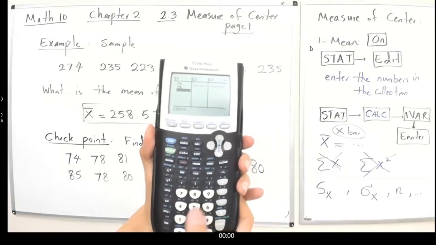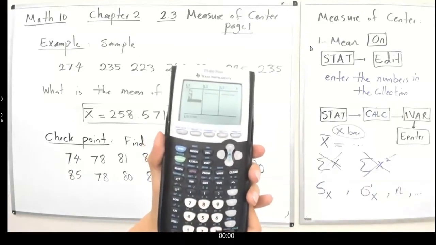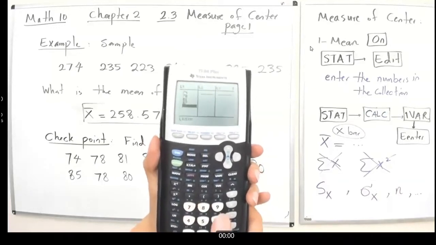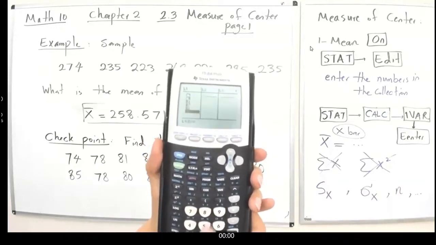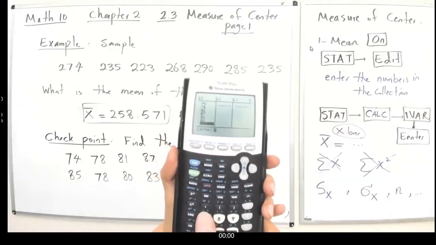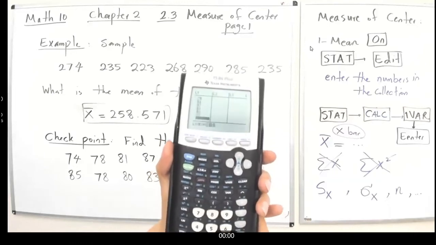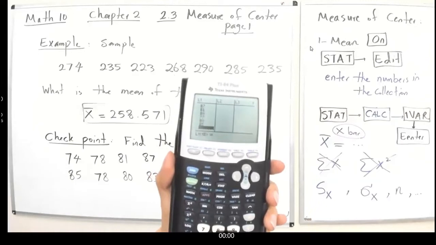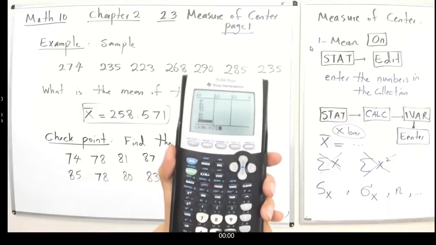I have 81, enter. I have 87, enter. I have 81, enter. I have 80, enter. I have 77, enter. I have 80, enter. Then I have 85, enter. Then I have 78, enter.